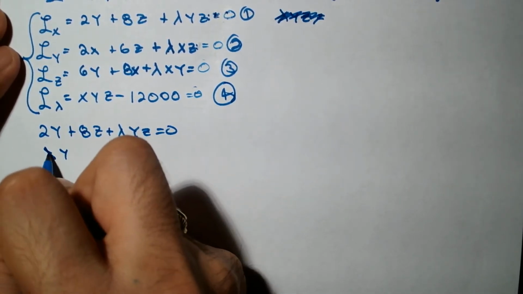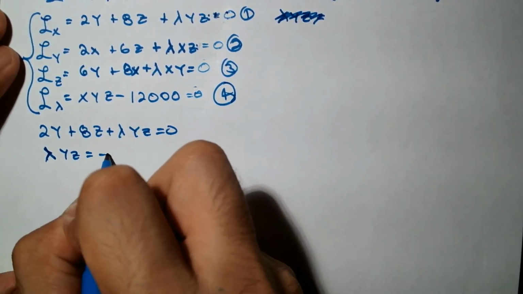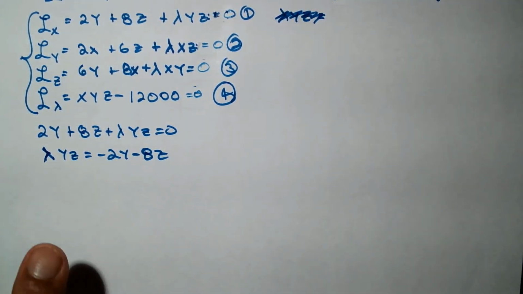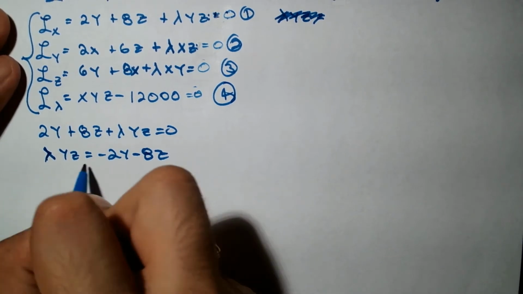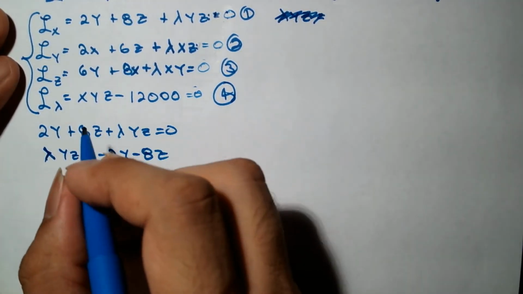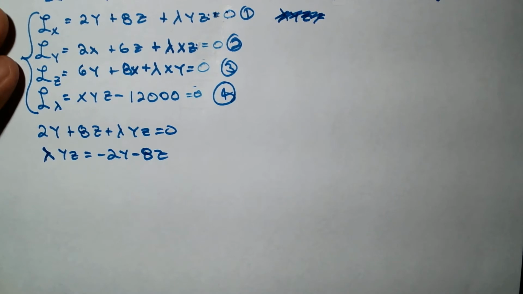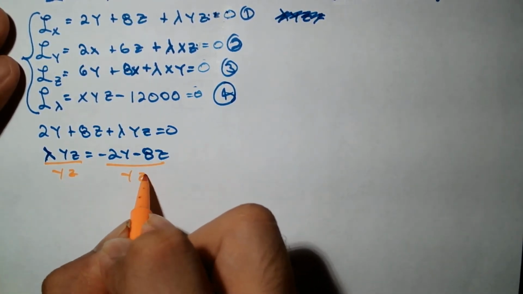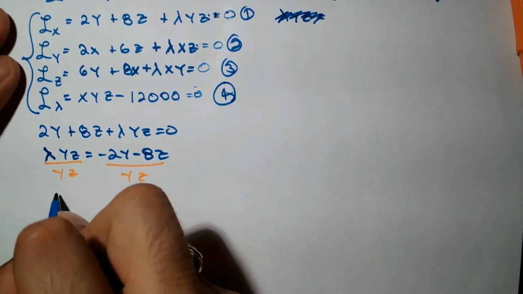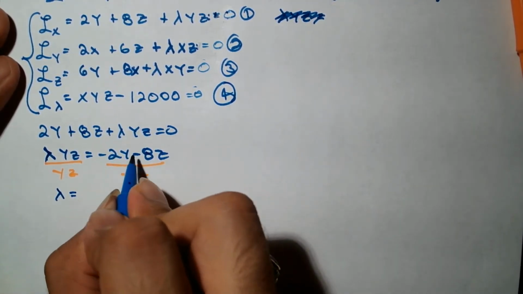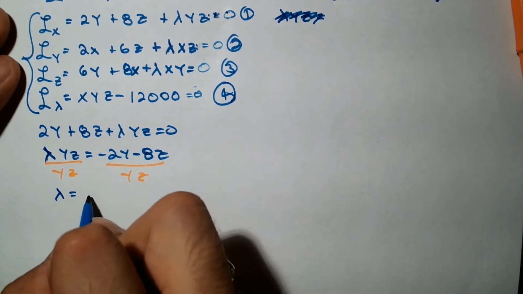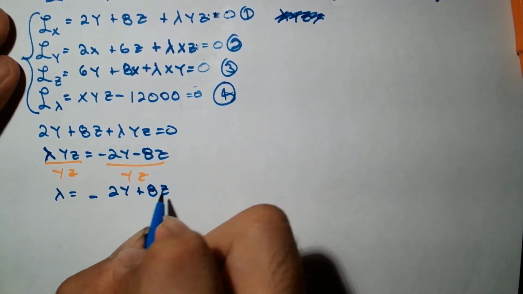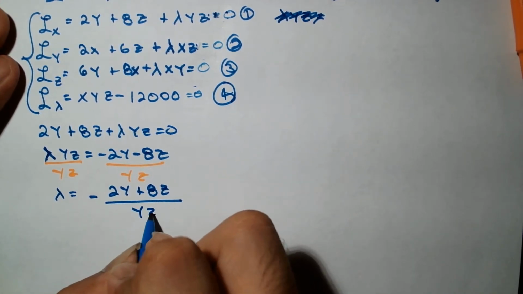Lambda yz equals negative 2y minus 8z. And then to get lambda by itself, I'm going to divide both sides by yz, to get lambda equals, factoring out this negative sign, negative 2y plus 8z divided by yz.